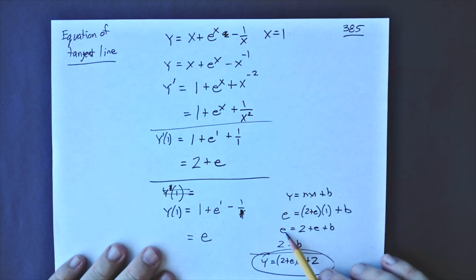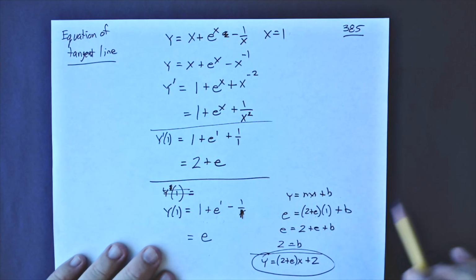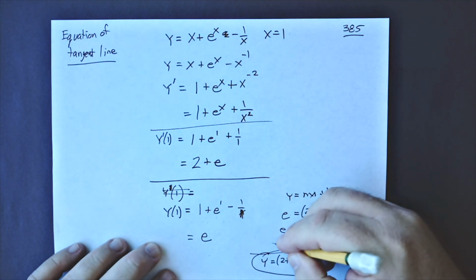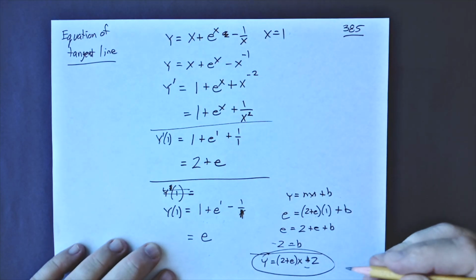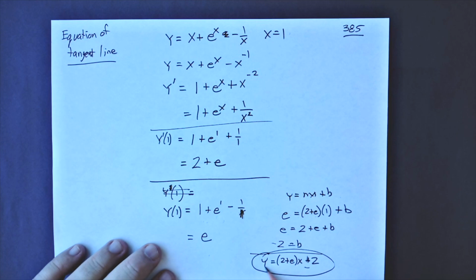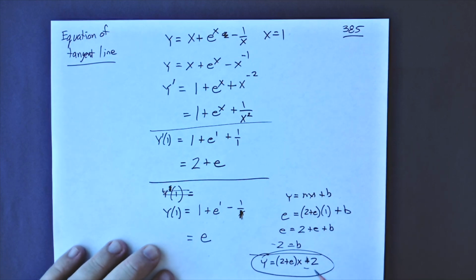Distribute the 1, doesn't do anything. So I get e equals 2 plus e, subtract the 2, and then actually this would be negative 2, because I got to move that over to the other side. That's a minus 2 there. And so the answer is y equals quantity 2 plus e times x minus 2.